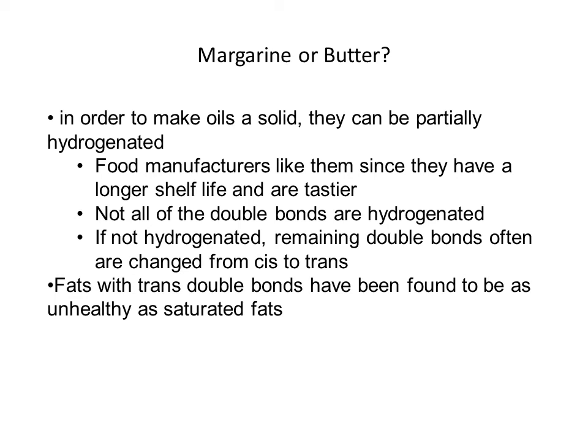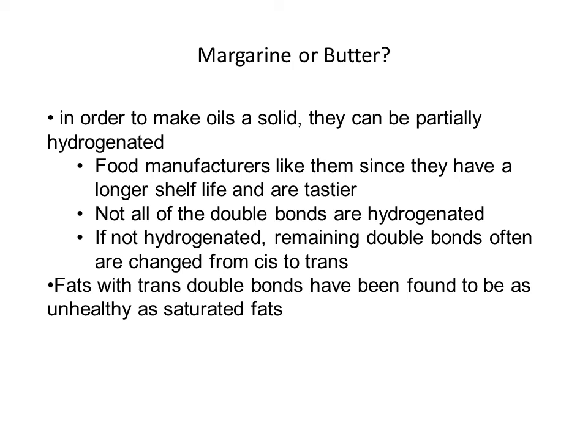Now, the saturated fatty acids that would result from hydrogenation we know are bad for us because they're going to be the same thing as animal fats and deposit in our arteries. But also, we have some fatty acids that are coming off as trans fatty acids rather than cis fatty acids.